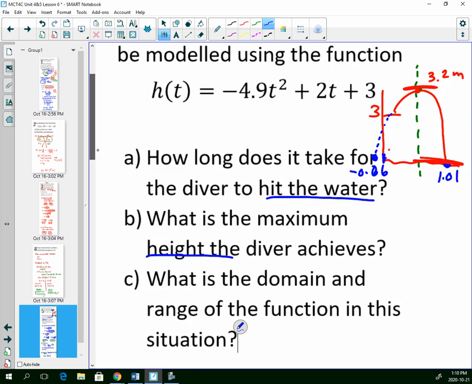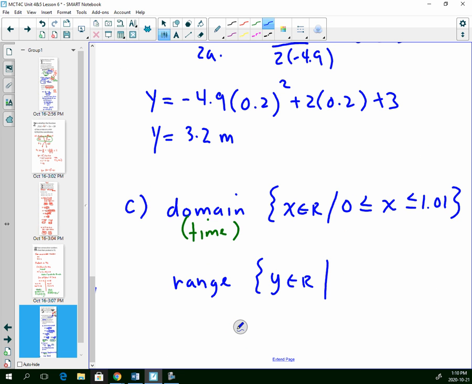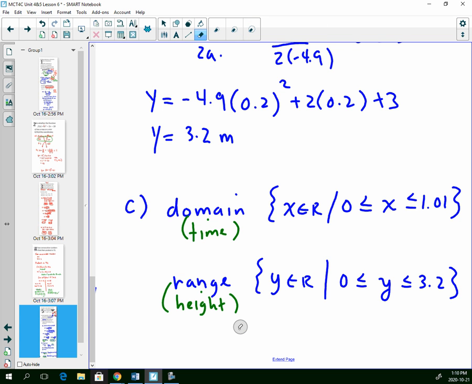So the range has to be between 0 and 3.2. So once you know the max, and once you know the time he hits the ground, then you'll be able to state the domain and the range, okay? But you need that information to determine that. Okay, sec.